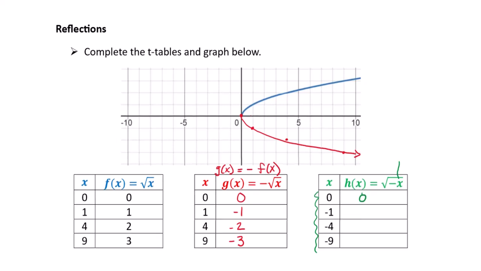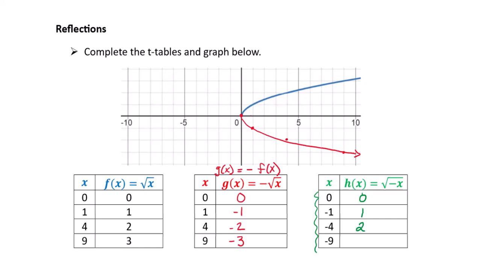Now, if I put in a negative 1 here, I have the opposite of negative 1, which is 1, and the square root of 1 is 1. Negative 4, the opposite of negative 4 is 4, and the square root of 4 is 2.